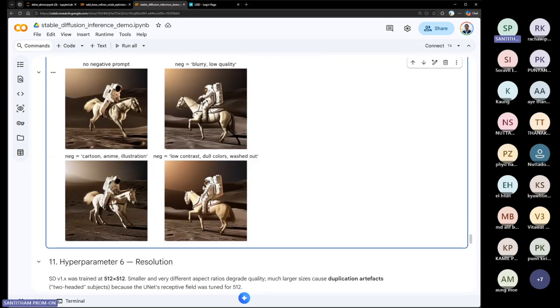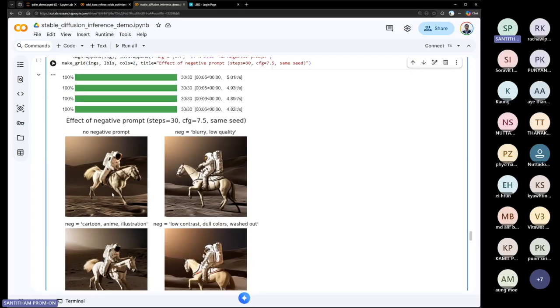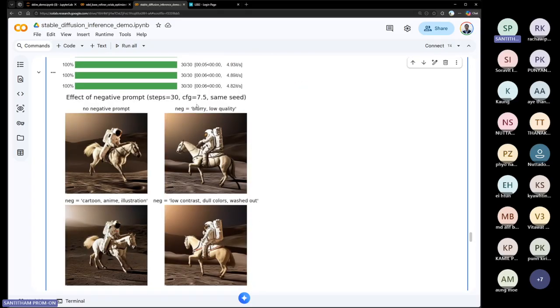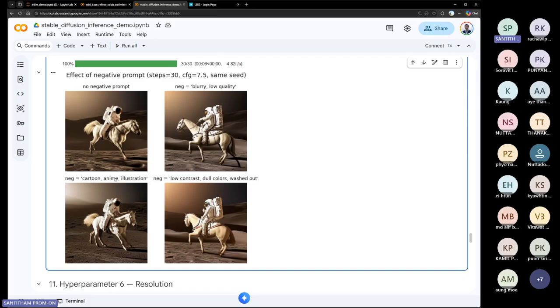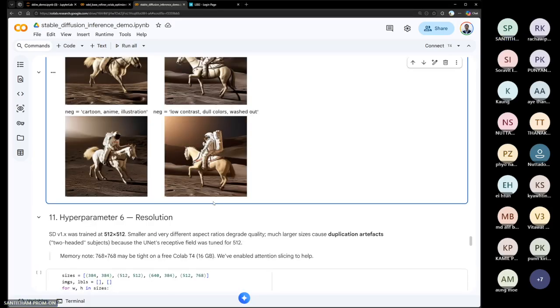So compare all these. This is negative blurry, low quality, so it would not be blurry. There's still some blur here, but there's no blur here. Cartoon, anime, illustration, so it does look like cartoon anime. Low contrast, dull color, washed out, so it has color, even though it's on the moon somehow.